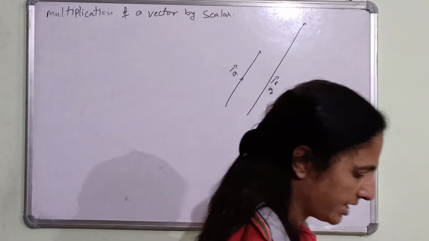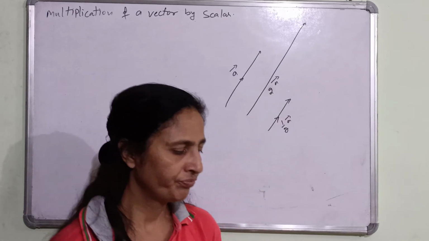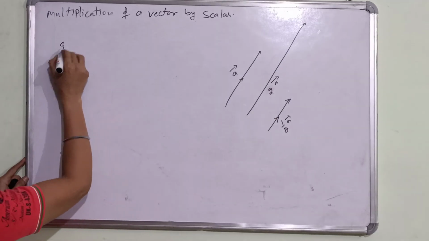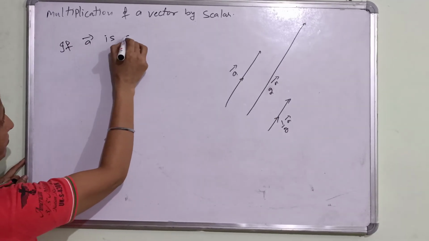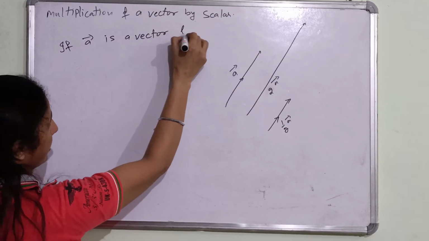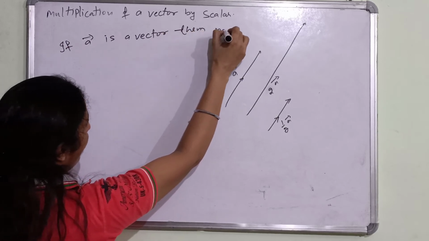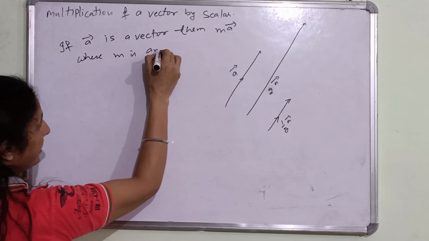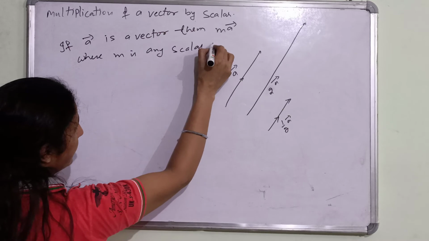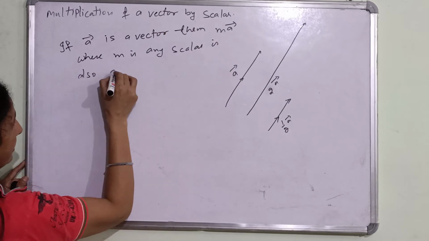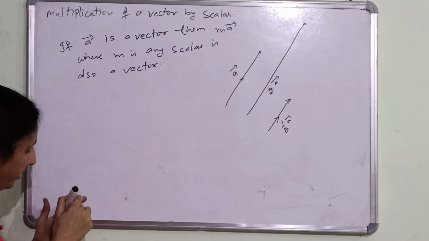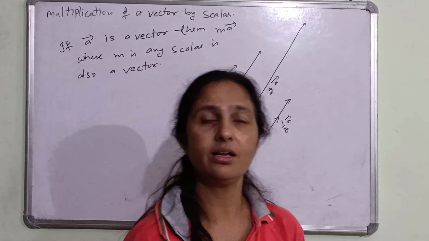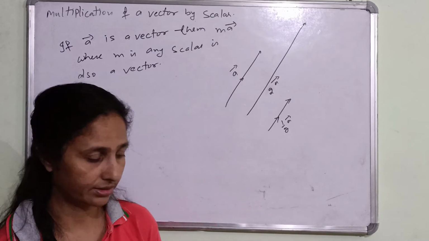And here a definition is there. I am going to read. If A is a vector, then MA, where M is any scalar, is also a vector, right? When A is any vector and we multiply it by a scalar, that would also be a vector, right?